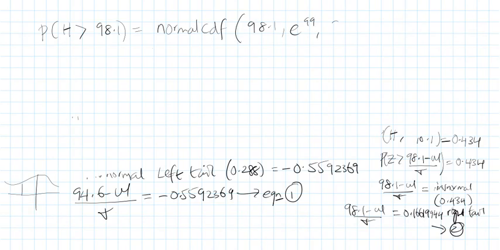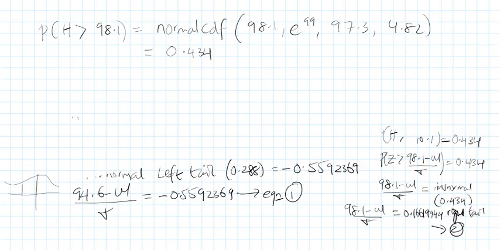So the first thing I would do would be to find the probability. So I would run normal CDF with the lower bound, the upper bound, the mean, and the standard deviation. Depending on your calculator, it takes the values in different ways. That will give me a probability of 0.434. Is that okay, that part?